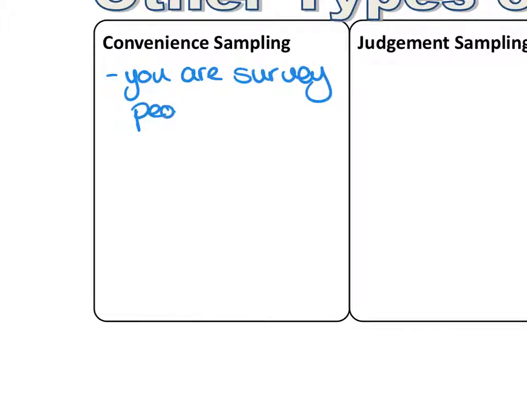However, convenience sampling is basically when you take the sample, you do what's easiest for you. You are surveying people where it's easy.